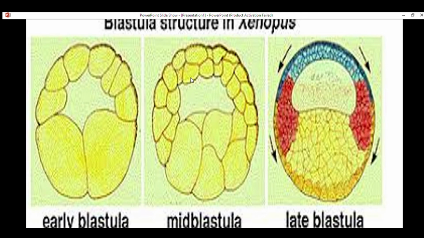The blastomeres then secrete fluid within the morula and form the blastocyst cavity. The inner cell mass will be called the embryoblast, and this will form the future embryo, and this is the trophoblast, the outer cell mass. This will form the future placenta.